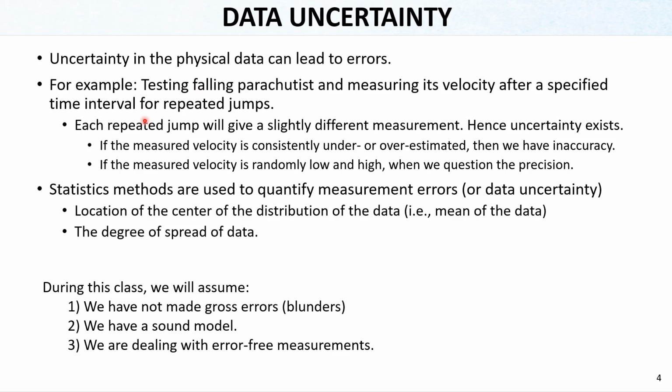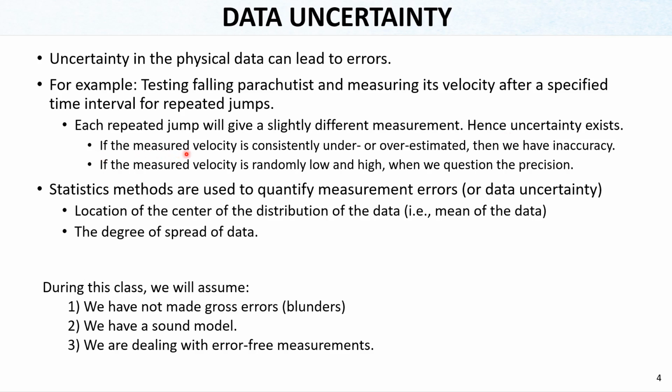So we can repeat the jumps, let's say 10 times. And each of the 10 times we measure the velocity slightly differently from each other. And these differences bring us an uncertainty in the measurement. This is an error, but the error in a repeated measurement, let's say. And each repeated jump will give a slightly different measurement. That's why the uncertainty exists.